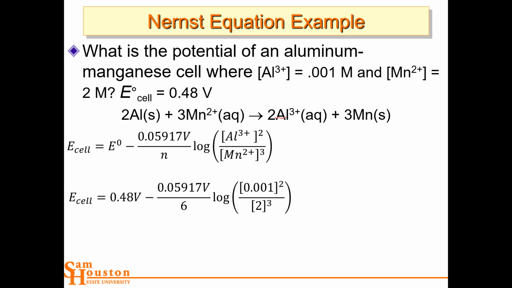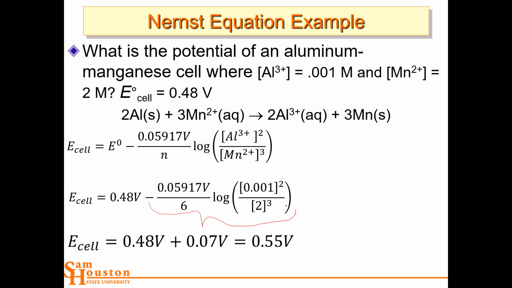So there's 6 electrons that have changed place, and so that's this 6 down here. We have the concentration of aluminum on top, concentration of manganese on bottom, and when you take in the squares and the cube and the log, you end up with an adjustment. So this piece right here gives us a positive 0.07 volts, so it raises it up a little bit.